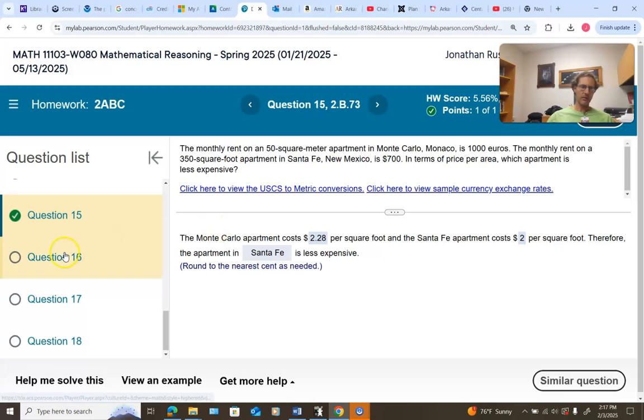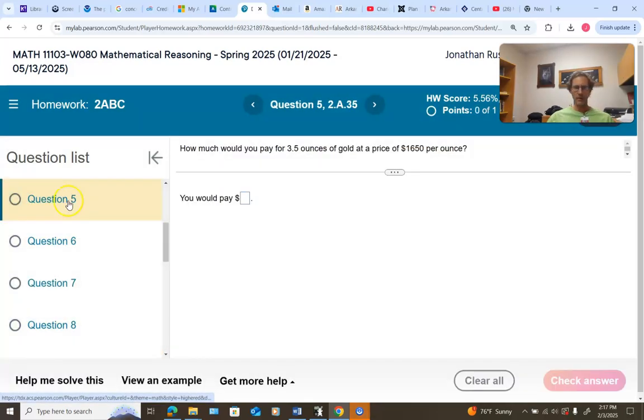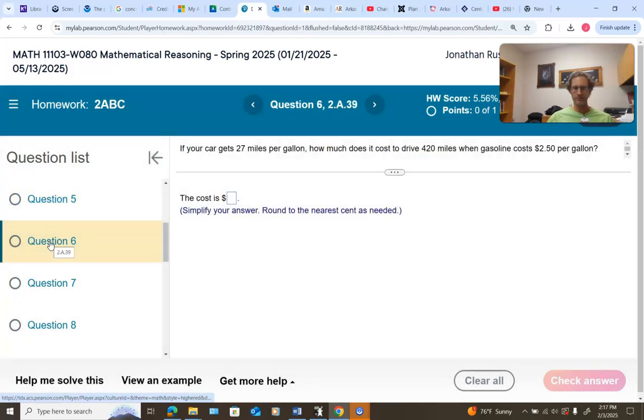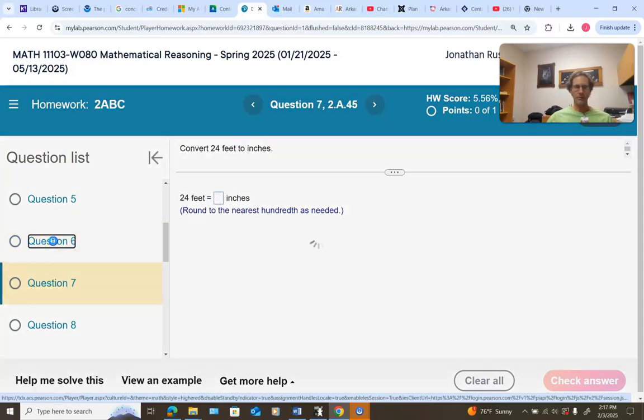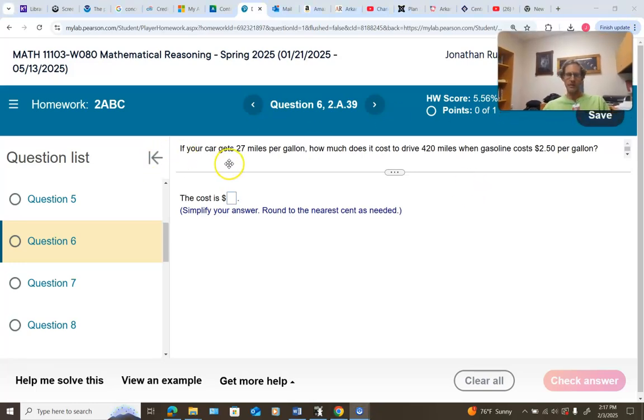Maybe I'll do one more for you guys. I saw another one earlier. Let me do this one because a student in class today was asking me about this. It says if your car gets 27 miles per gallon, how much is it going to cost to drive 420 miles when gasoline costs $2.50 per gallon?